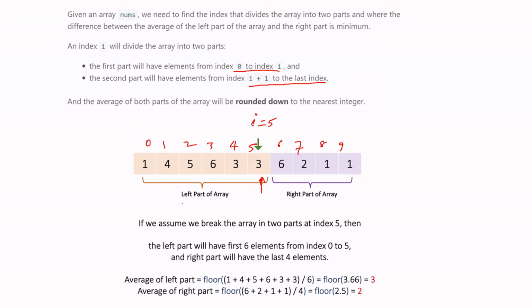The first part is the left part of the array from 0 to 5, and the other part is i plus 1, meaning 6 to 9. We calculate these two sums, divide to make the averages for the left and right parts, then take the floor value of each average, like 3 and 2, and take the difference 3 minus 2, and that will be our value at index 5.